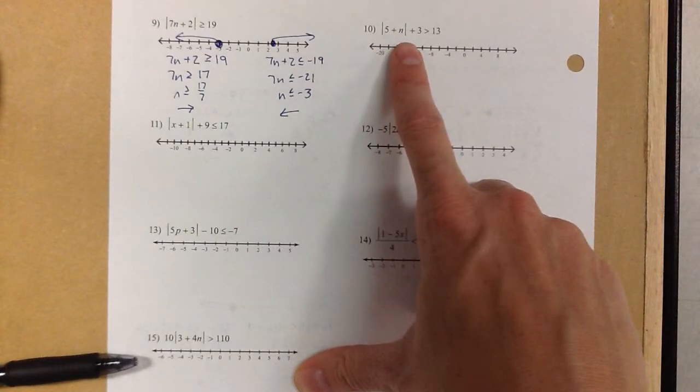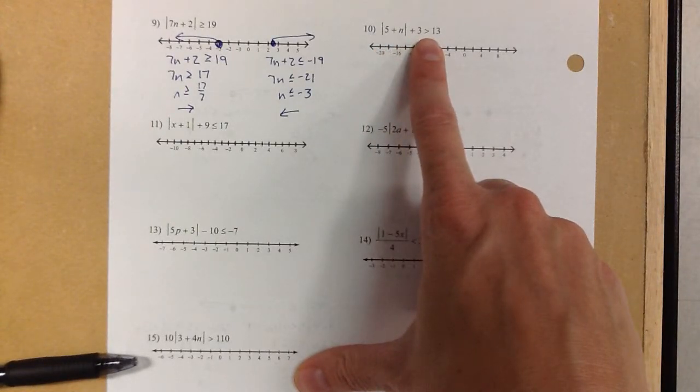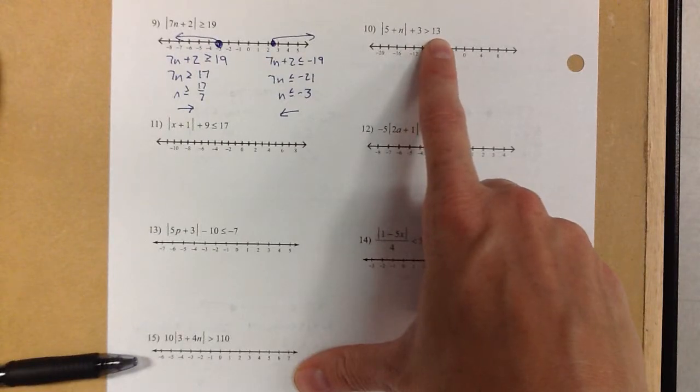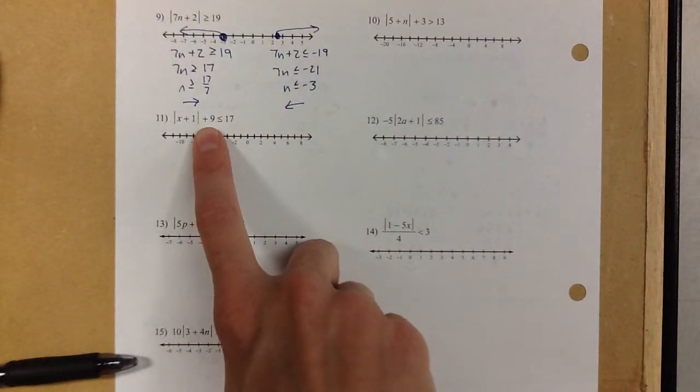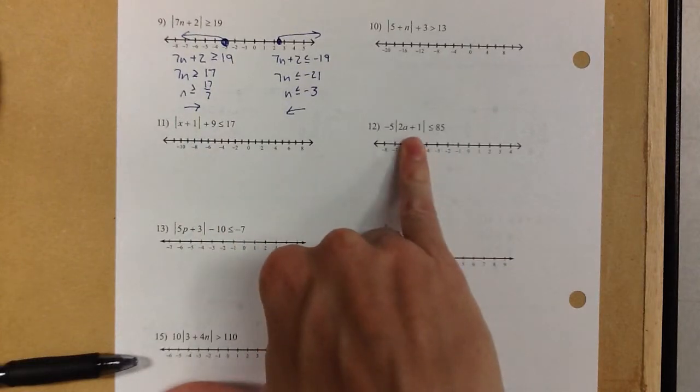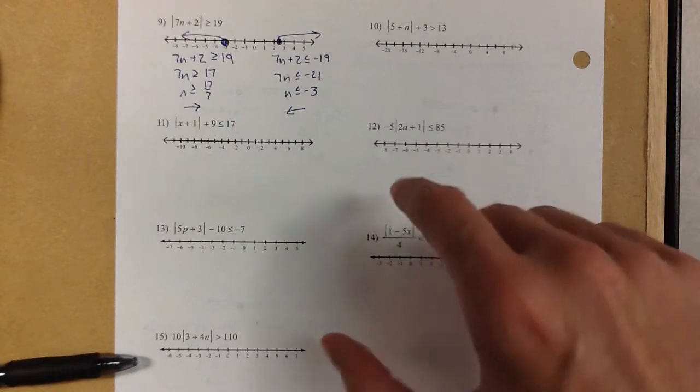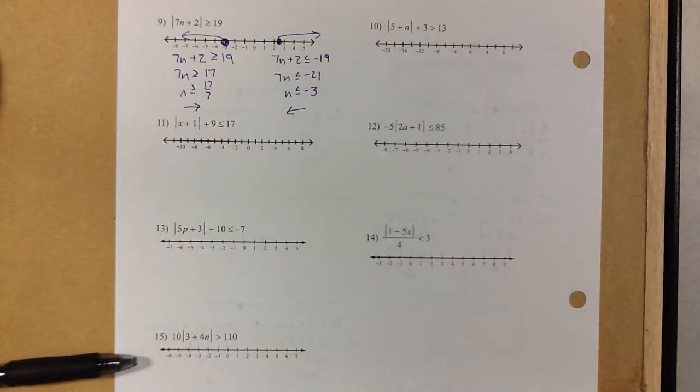Where's the absolute value above 13? So are they going at one another or away from one another? They're going away. What about this one? Toward one another. What about that one? No. Okay, because you divide by a negative, so it flips.